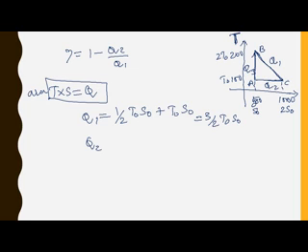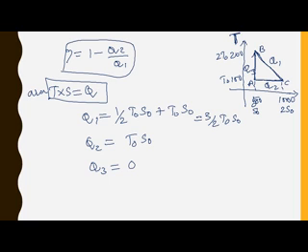What is the value of Q2? Under this line the area is T0 S0, length into breadth. What is Q3? No area, so 0. Substitute the values in the efficiency equation. Eta equal to 1 minus T0 S0 divided by 3 by 2 T0 S0.